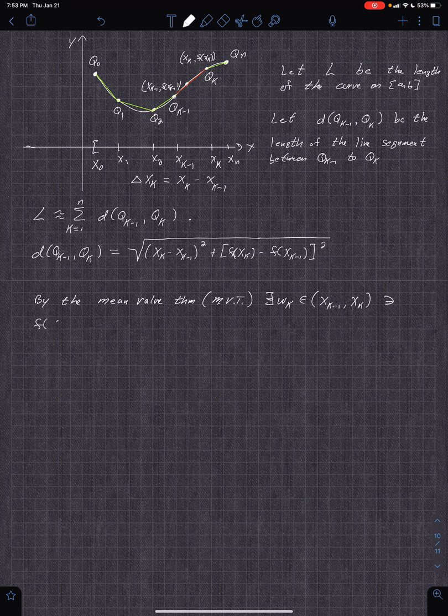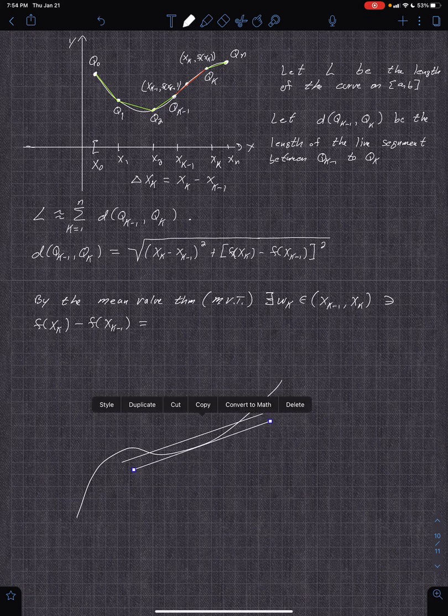f of x sub k minus f of x sub k minus 1 is equal to, and then you get the f prime. Basically it's the same slope situation. You have a secant line, and there's another value that gives you that tangent line.